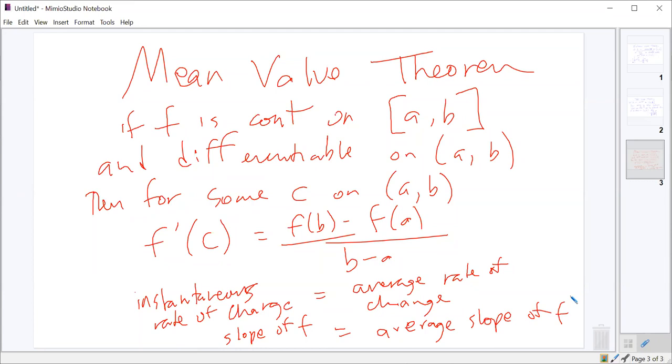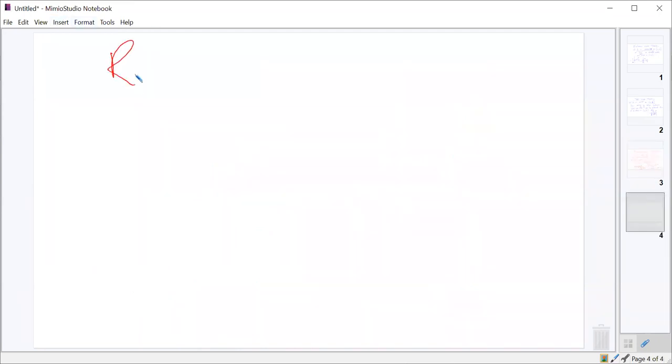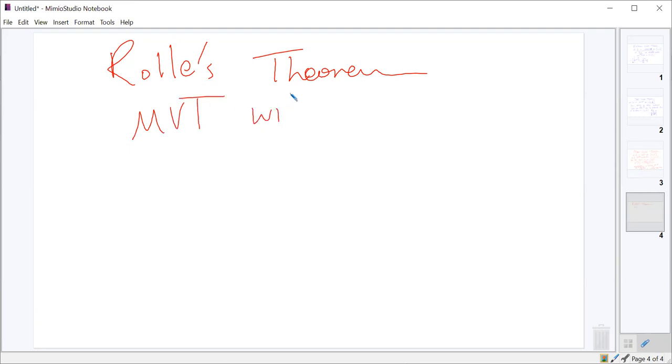There is a little addition to this one that is always called Rolle's theorem. Rolle's theorem is the MVT with f of a equal to f of b. So if f of a is equal to f of b, that tells us that the slope is 0.